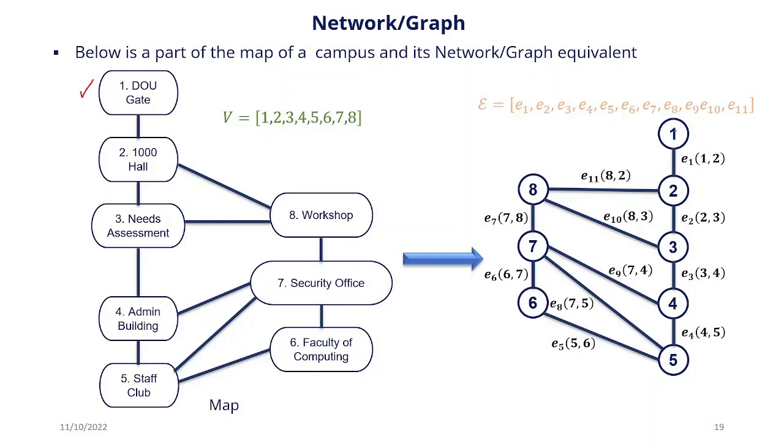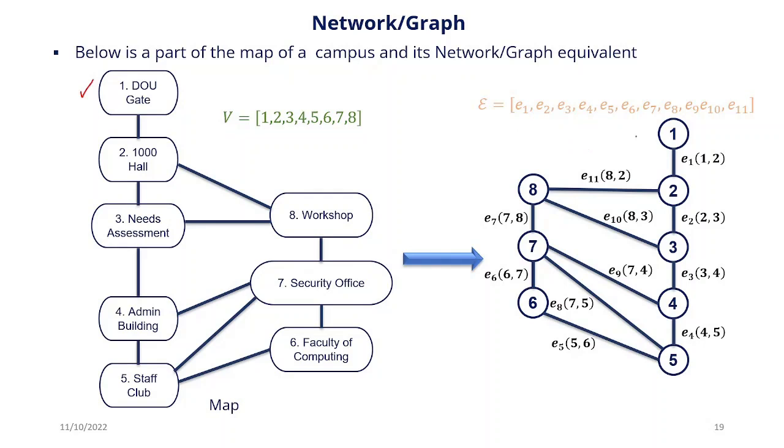So we can start from 1 to 2 and call it E1, that is edge, the road link connecting 1 and 2. Then E2 is the road link connecting 2 and 3. E3 is the road link connecting 3 and 4. E4 is the road link connecting 4 and 5, and so on. So we get E5, E6, E7, E8, E9, E10, E11.